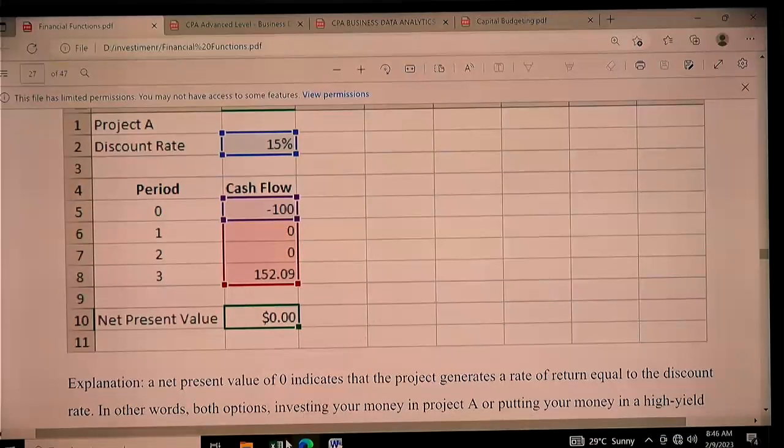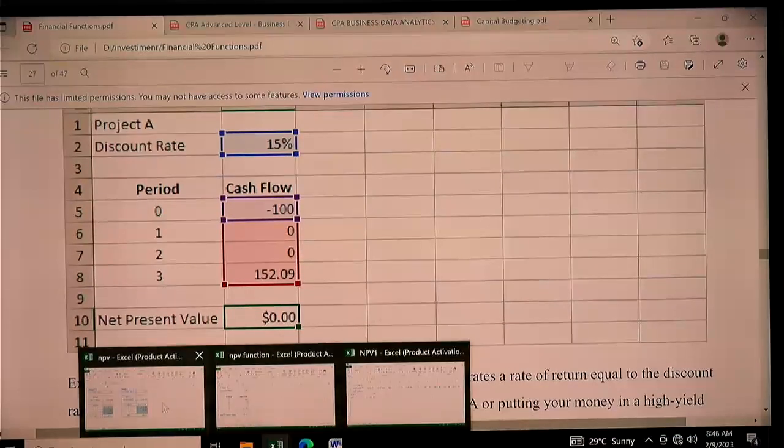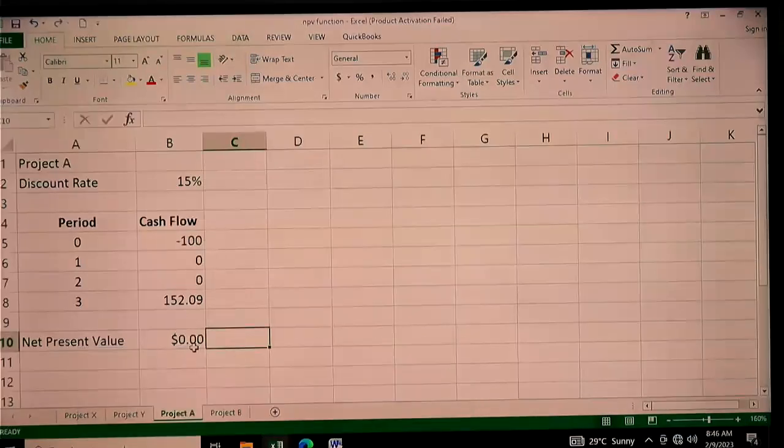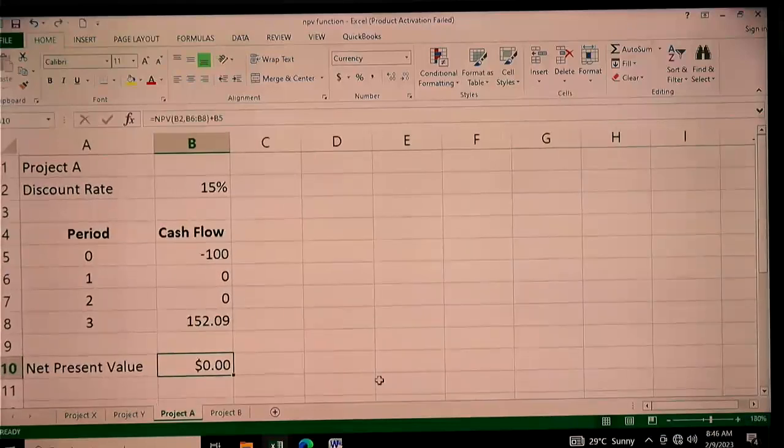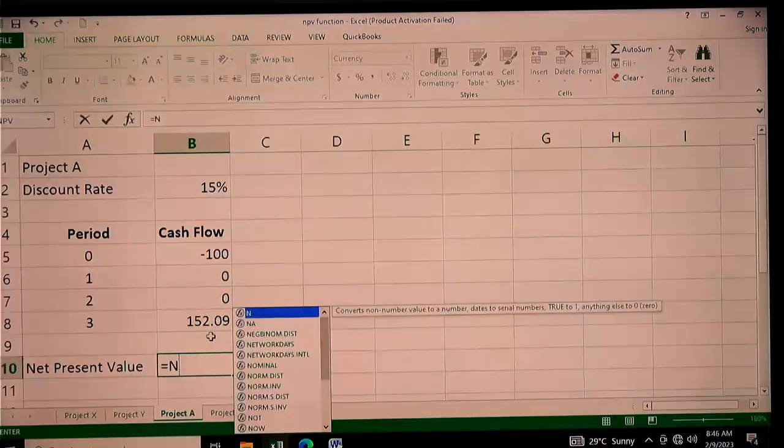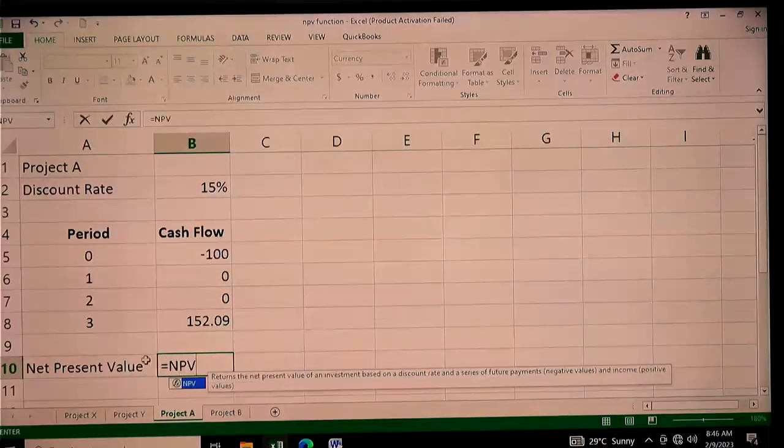So we go back to that worksheet. This is our worksheet. Then you want to insert the function. How do you insert the function? We type equals NPV, and we select NPV here.